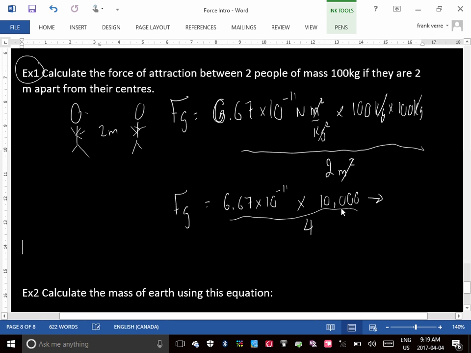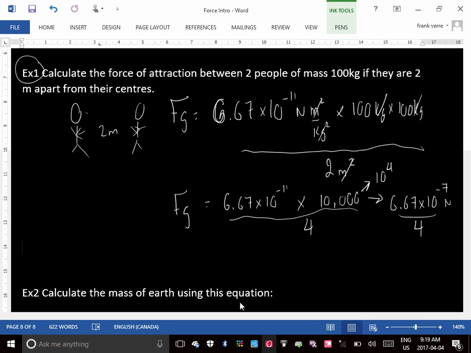So if I simplify, does anyone know what 10,000 is as an exponent? It's 1 times 10 to the, or 10 to the what? This is 10 to the 4. So the numerator becomes 6.67 times 10 to the negative 7 newtons over 4.